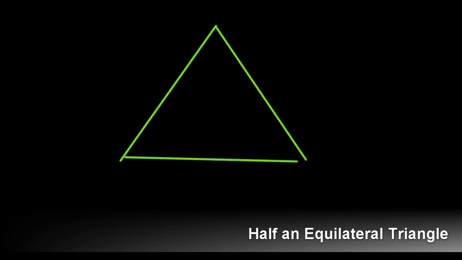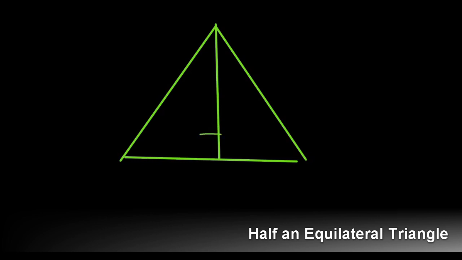So all the angles are 60 degrees, and to obtain half an equilateral triangle, all you have to do is divide the equilateral triangle in half via one of its axes of symmetry. So, for example, just like that.